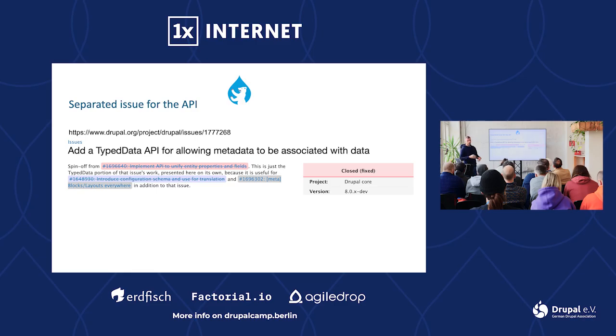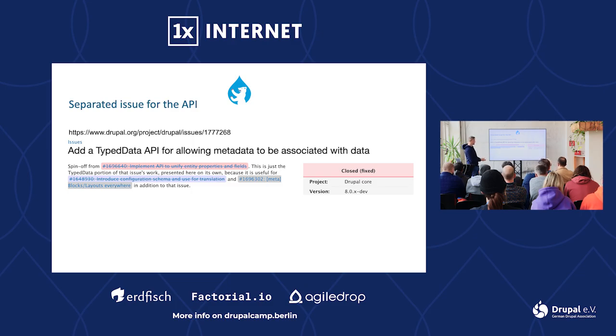The work was going on further, and the community decided, okay, this is so complex that we should probably create another Drupal.org thread just to separate it from the refactoring of the field API. So they created this Drupal thread, and the title probably answers all our questions.